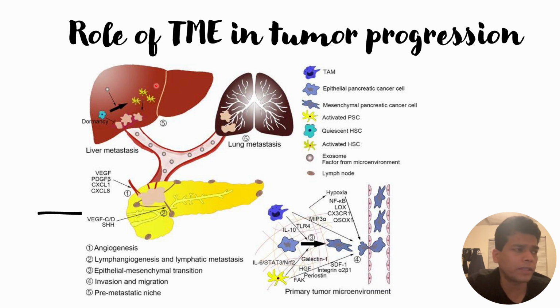And this desmoplasia is usually formed near any injured tissue or near the cancer tissue, and this thing is known as the pre-metastatic niche that has been shown here.